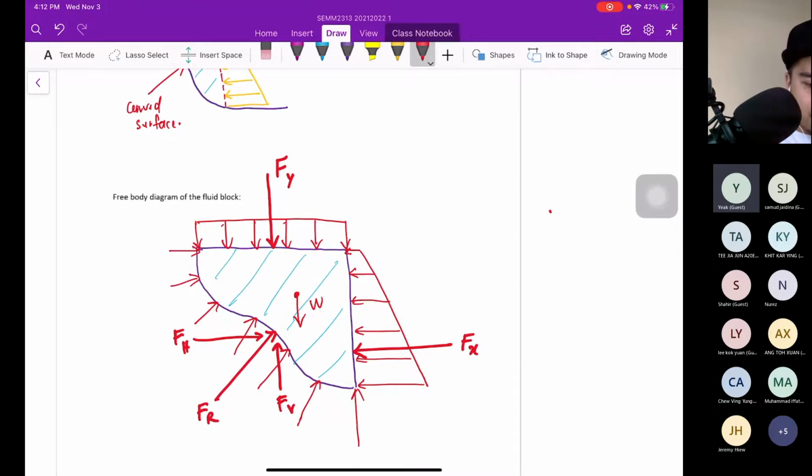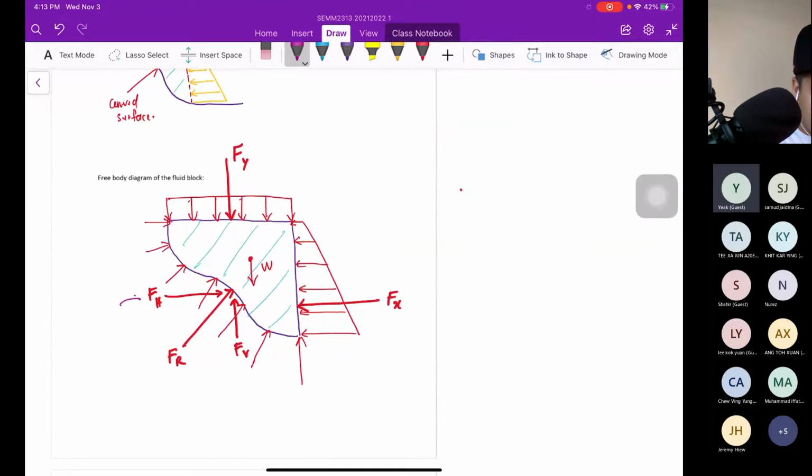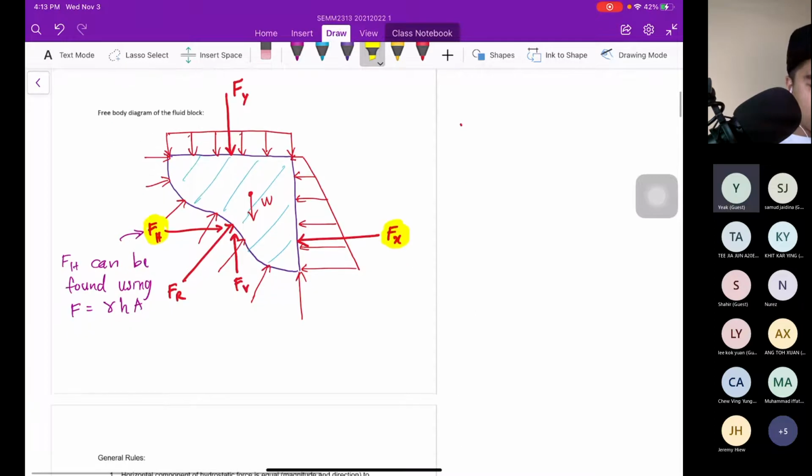Let me remark here, Fh can be found using the equation F equal to gamma h A, because Fh is equal to this.